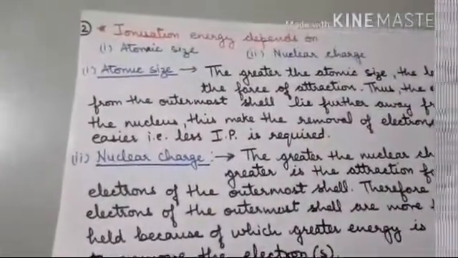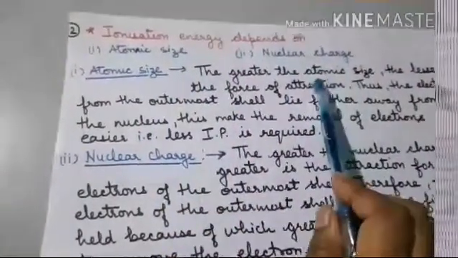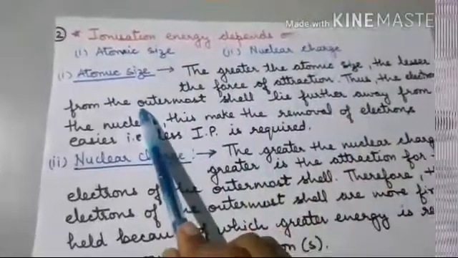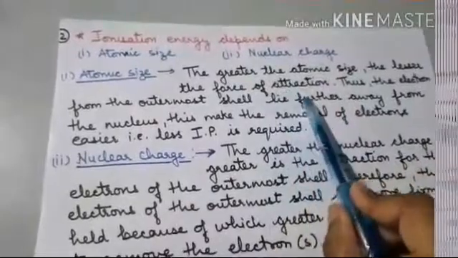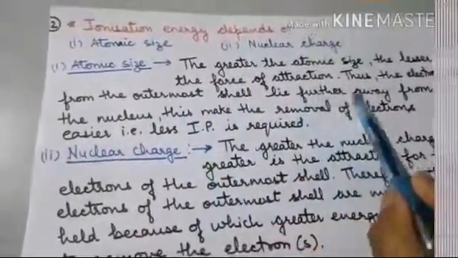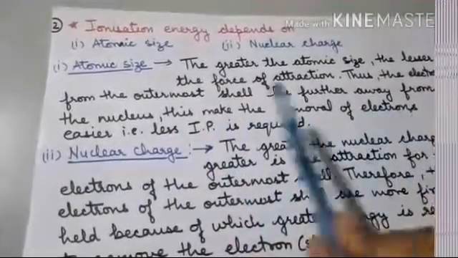Now, see, ionization energy depends on these two properties, atomic size and nuclear charge. Atomic size. The greater the atomic size, the lesser the force of attraction. Thus, the electron from the outermost shell lies further away from the nucleus. This makes the removal of electrons easier.